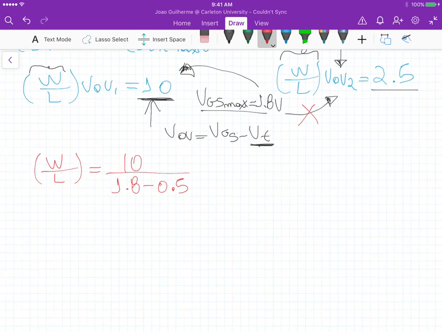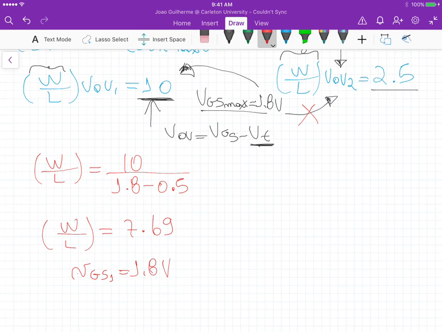So this first condition gives us that the aspect ratio W over L should be equal to 7.69. And from that we also know that VGS1 should be equal to 1.8 volts. Okay, so those are the two results that we got from the first condition.